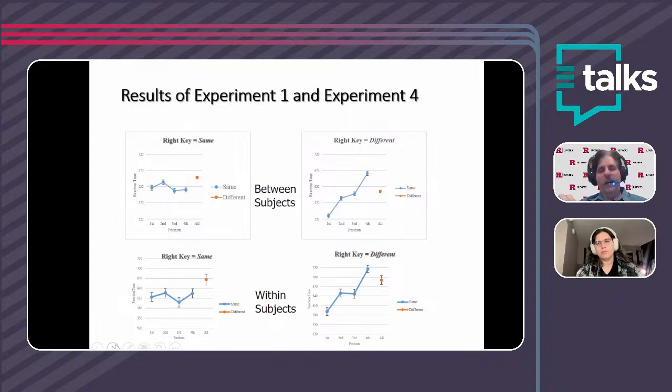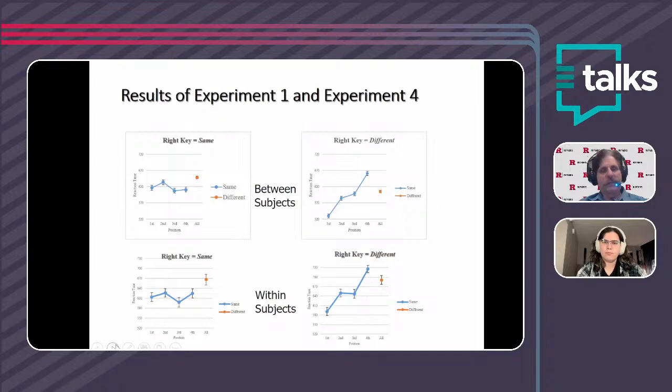And if a match was found immediately, a same response was made. But if in fact no match was found and the entire sequence was examined, then a different response was made. That's the only possible interpretation of what the response times were like when the right key was assigned a different response.